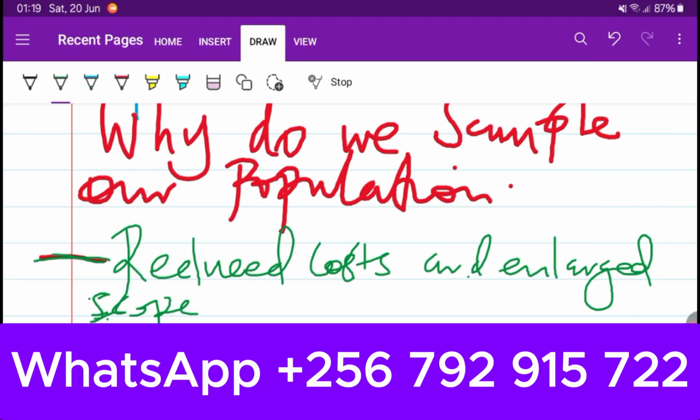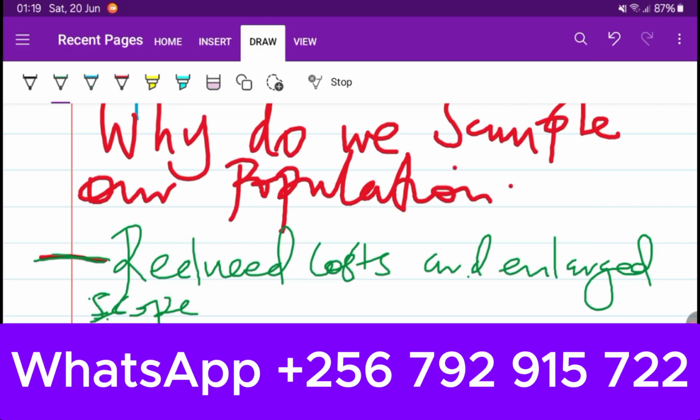But if you are sampling very few people from different parts of the country, then you can save on the costs you would have spent if you had to interview all the people. So the cost of collecting information from a smaller number of items as compared to the population is going to be reduced.